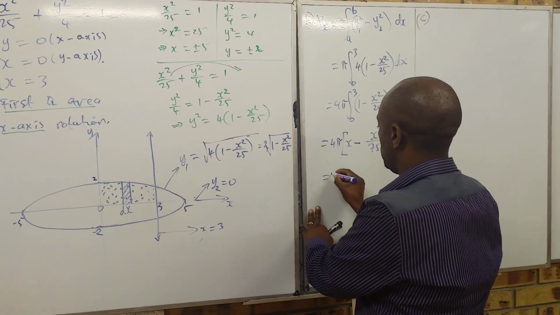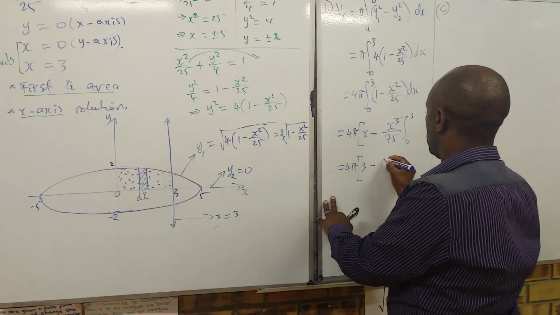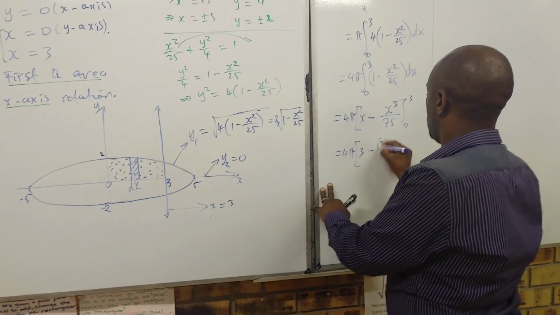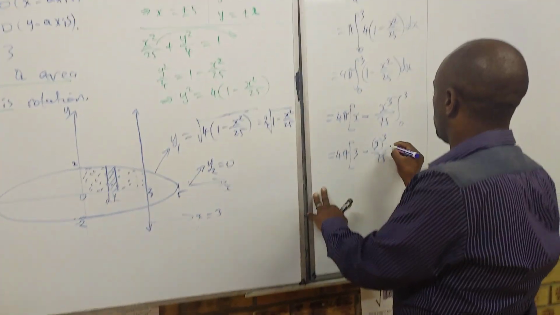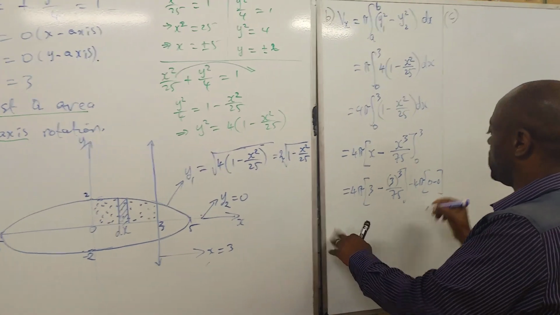Then you put your limit, starting with the upper limit, it will be 3 minus 3 cubed over 75. Then lower limit, it's just a 0 minus 0.